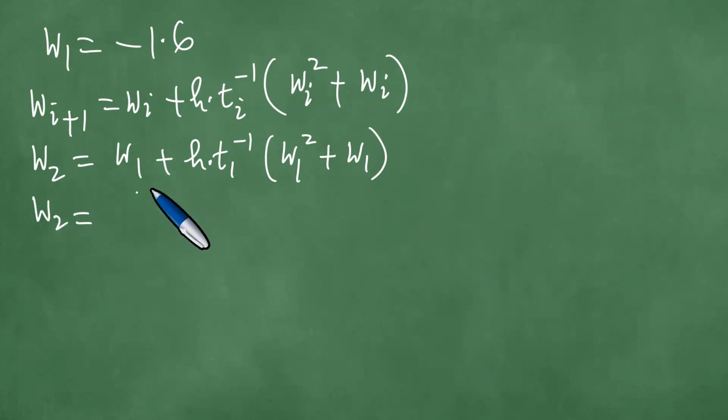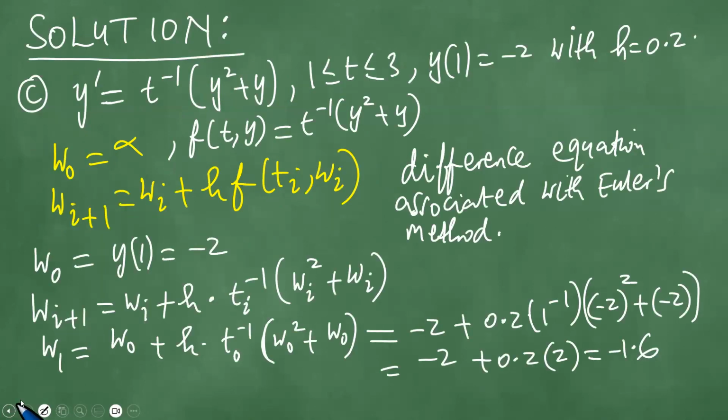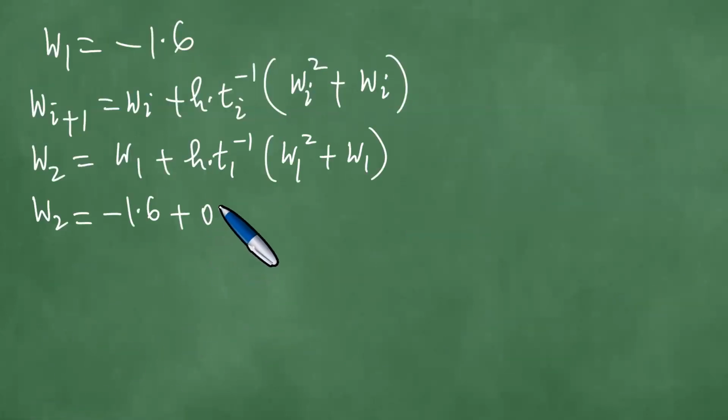So what is W1? It's minus 1.6. What is H? 0.2 in this question. Okay, just pick this random one, 0.3. And then T1. We saw that T0 was 1, so you add 0.2.